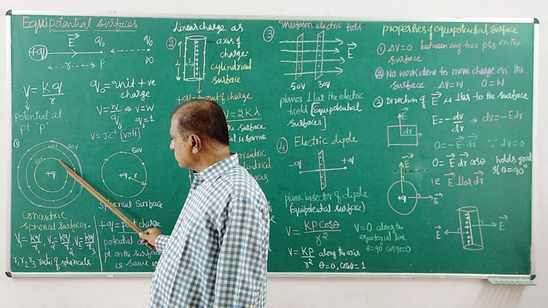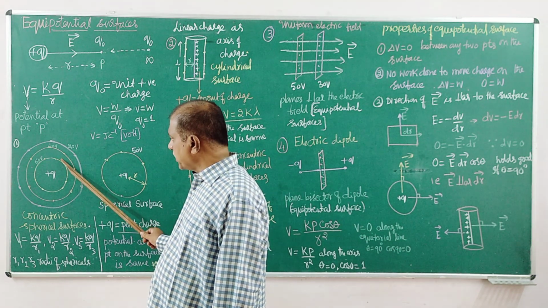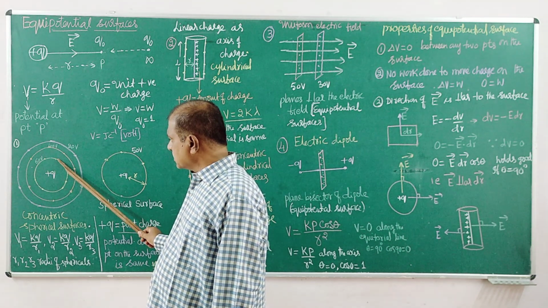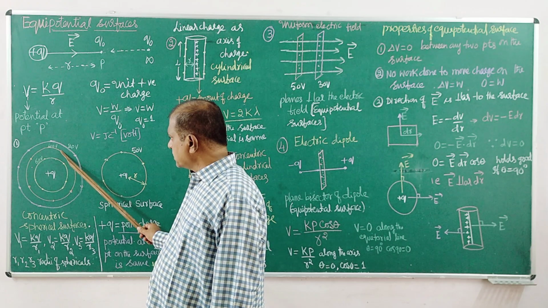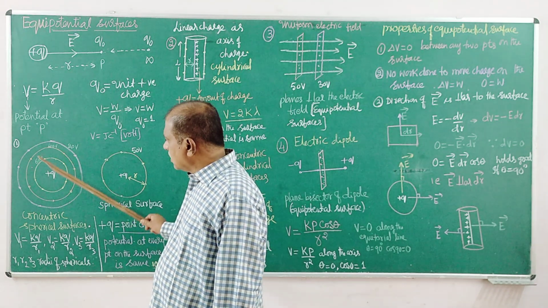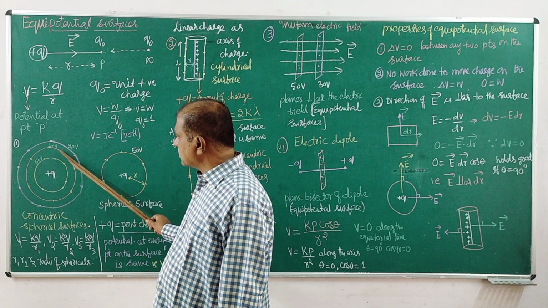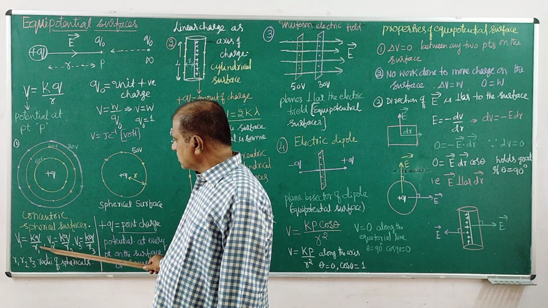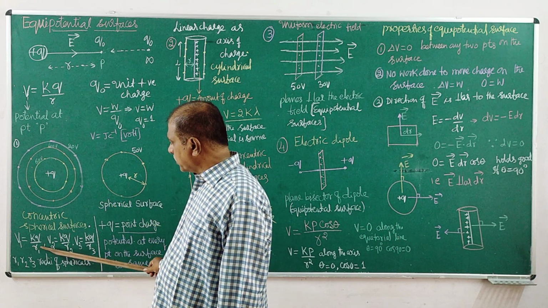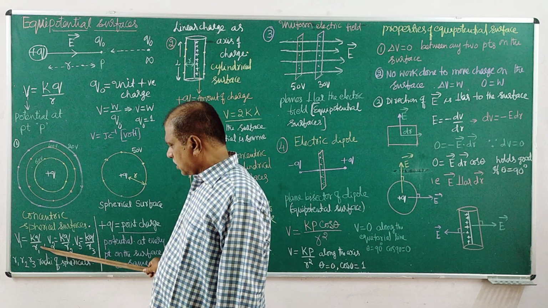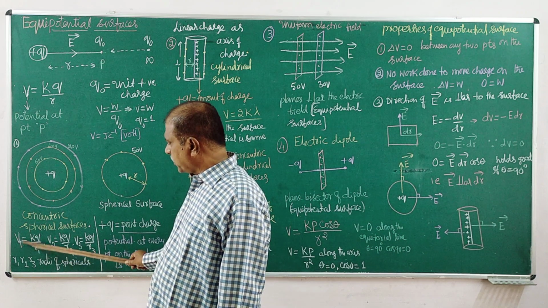This potential is usually higher, because the distance is smaller. This potential is a lower value because of the higher radius away from the charge. So it is inversely related to the radius of the sphere. Higher radius, lower potential.